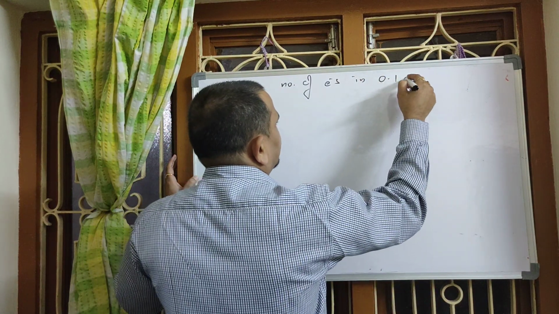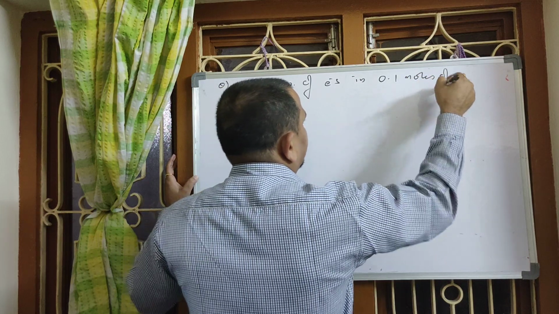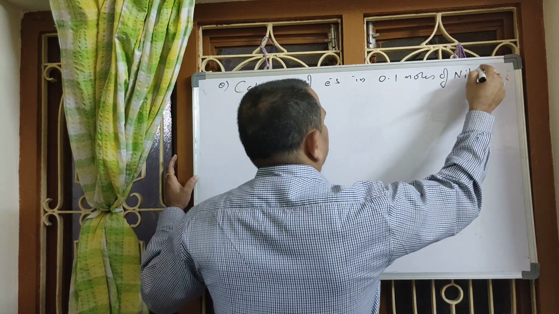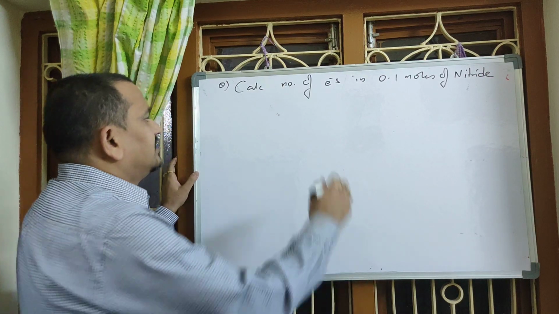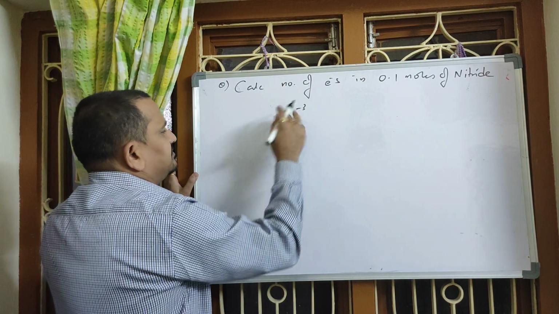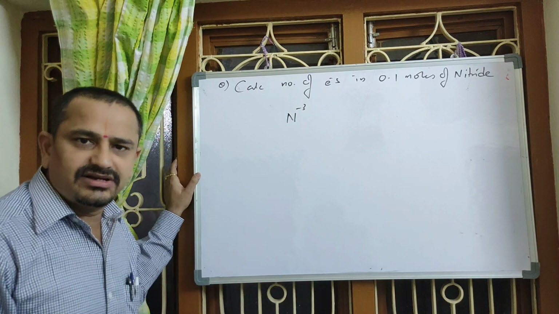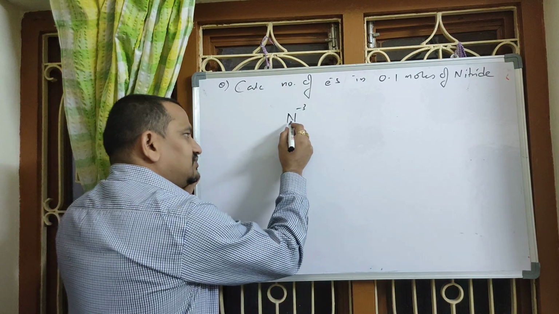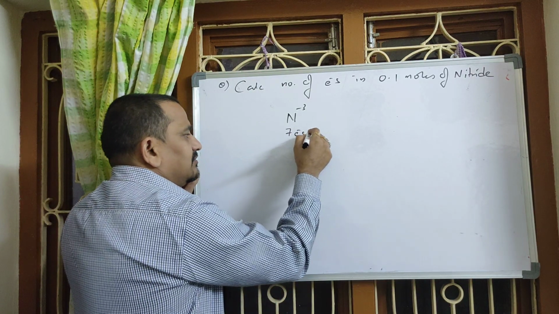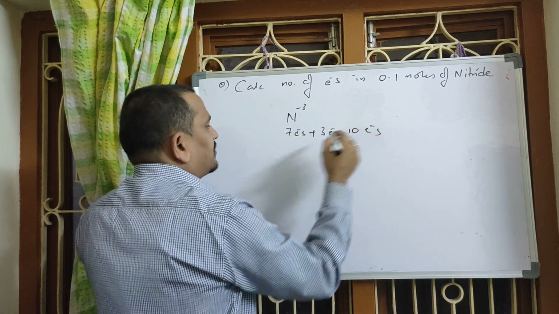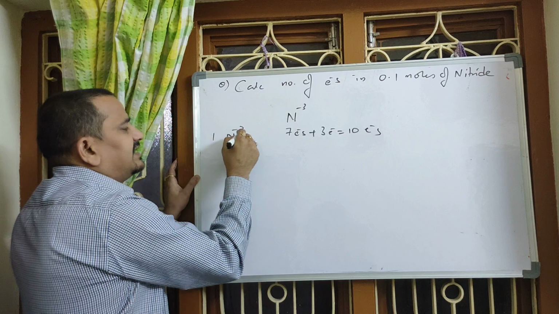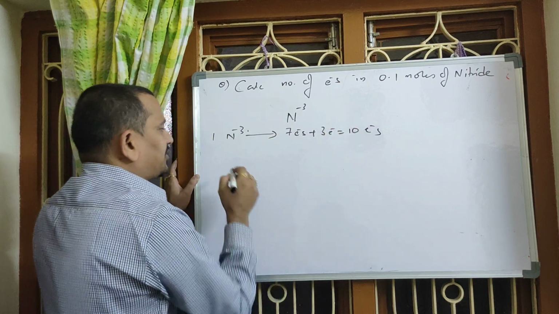Presenting 0.1 moles of nitride. Nitride means N power minus 3. What is meant by nitride? N power minus 3. Nitrogen usually has 7 electrons plus 3 additional electrons from the charge, totally 10 electrons. One nitride has 10 electrons.